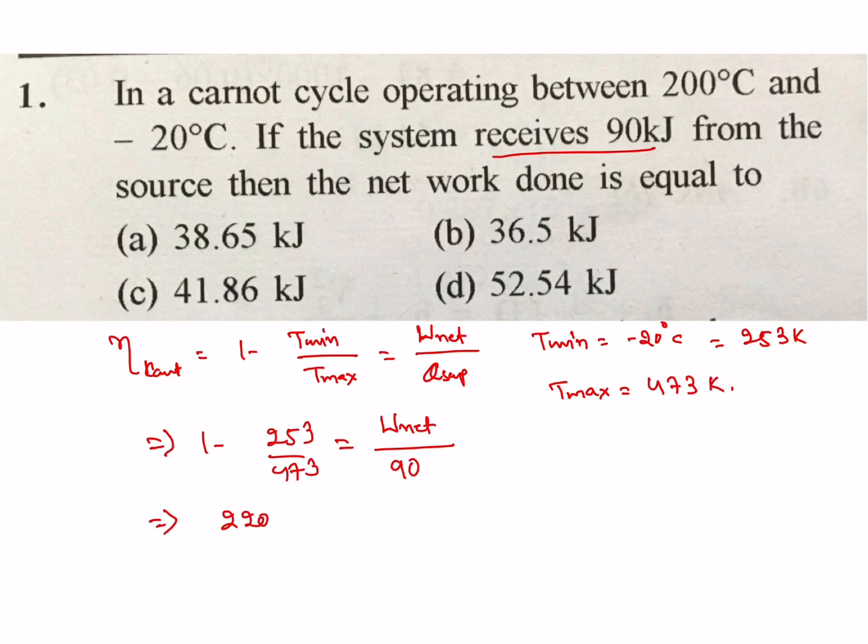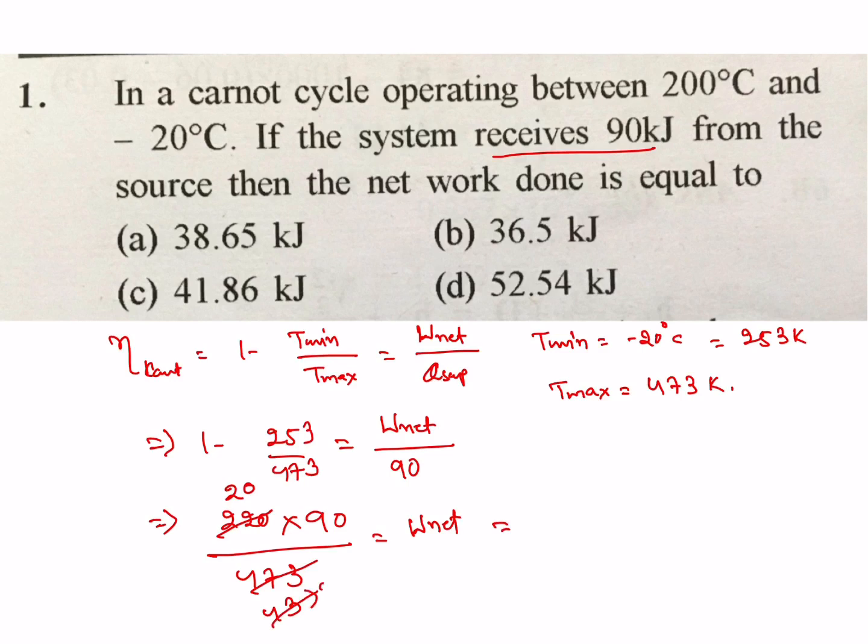220 into 90 divided by 473. Then from here 11 into 20, then 43, then 43.